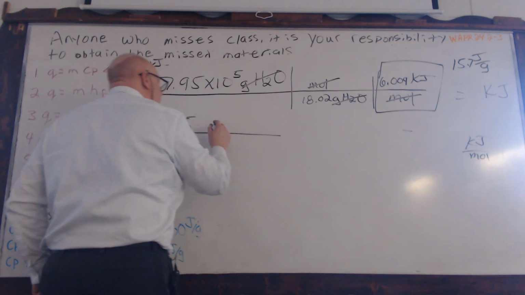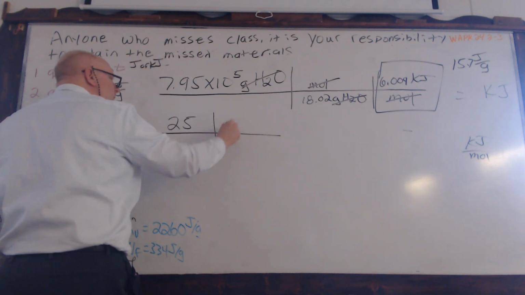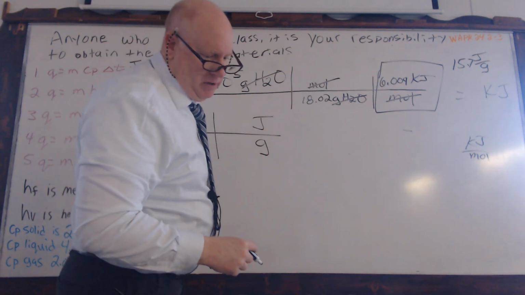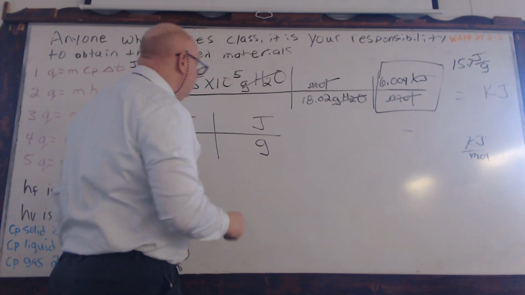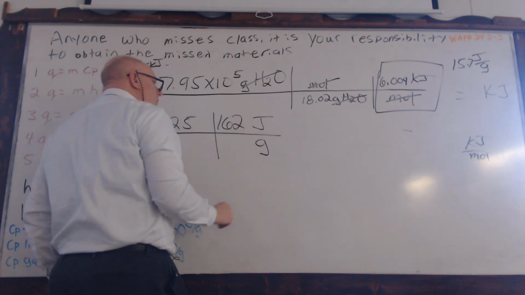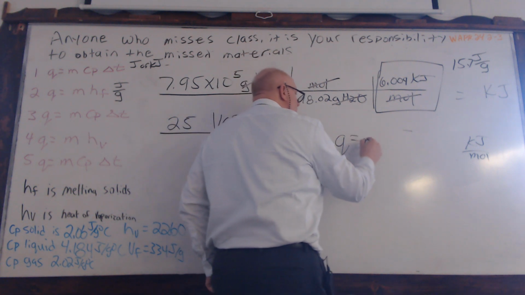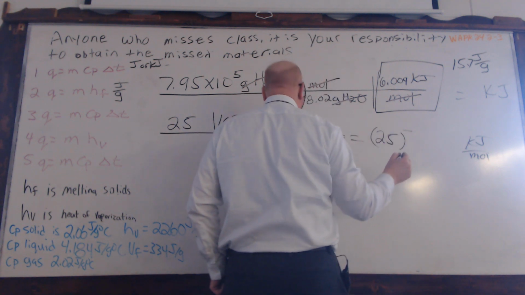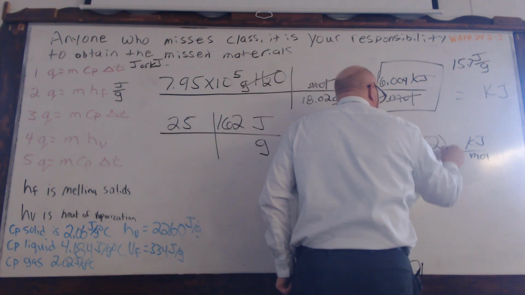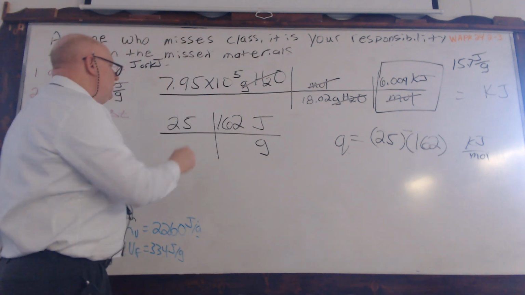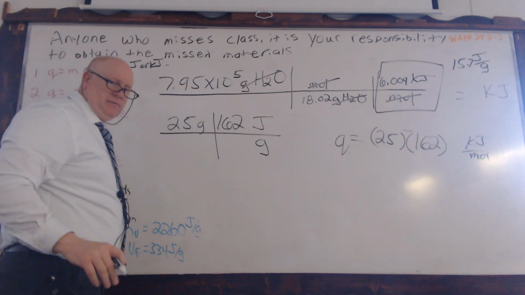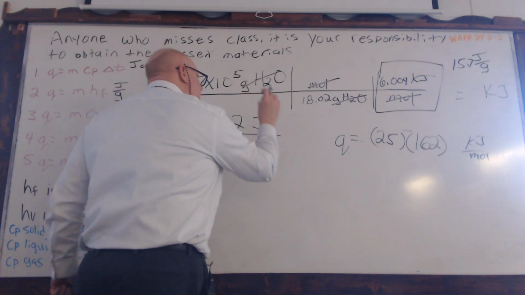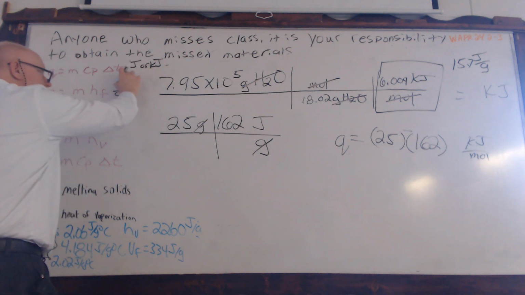So if you know the amount of joules per gram, joules over gram, which means what, 162, or you can say Q equals mass 25 times 162. Here you're just showing that these cancel out, right? Yeah, those cancel out because to measure heat, it's either in joules or kilojoules.